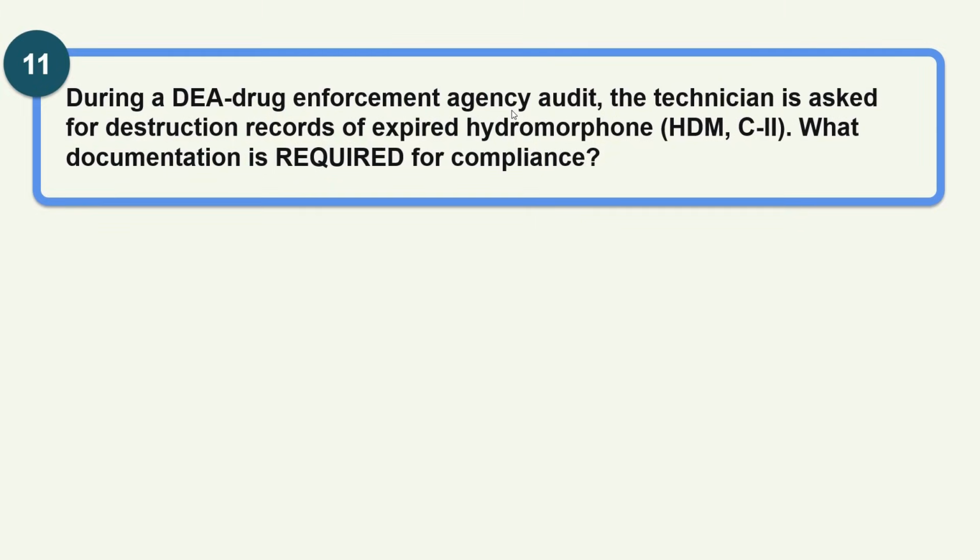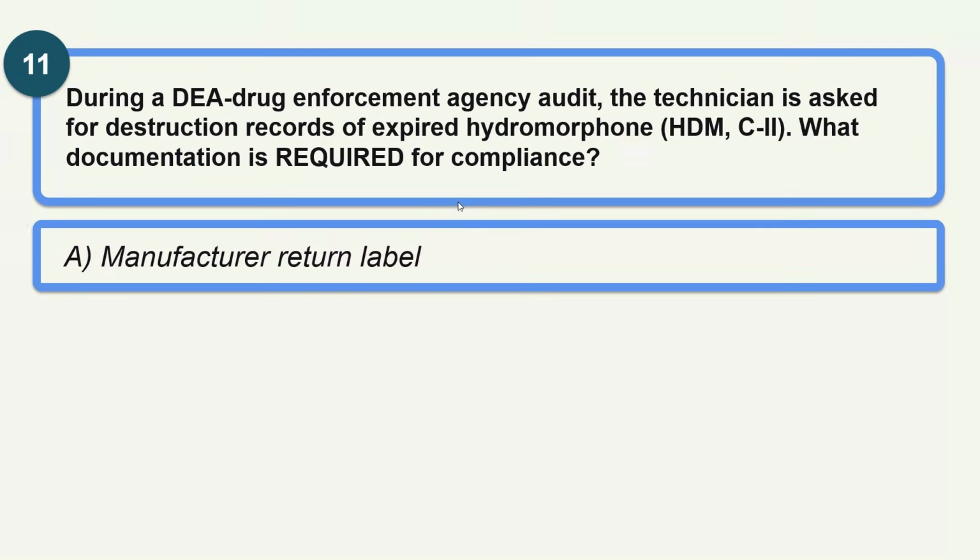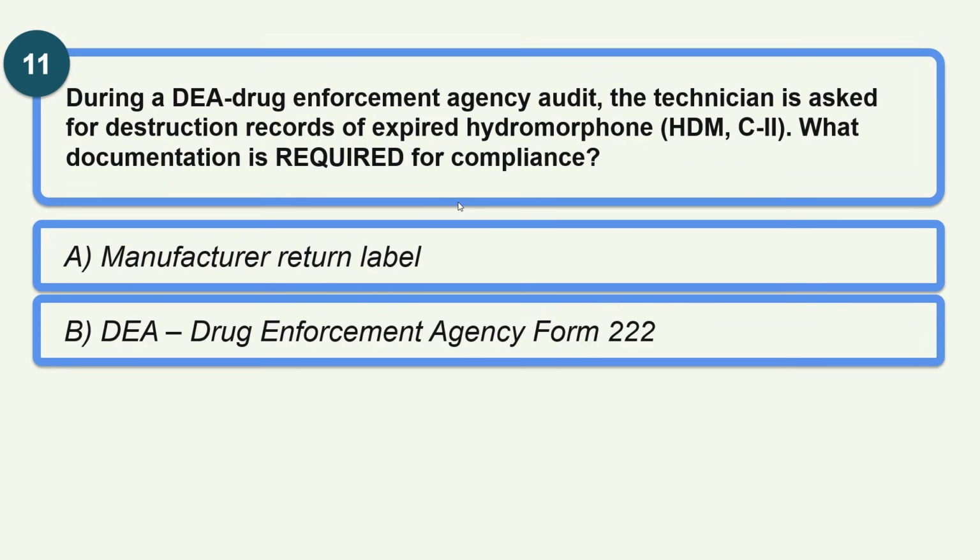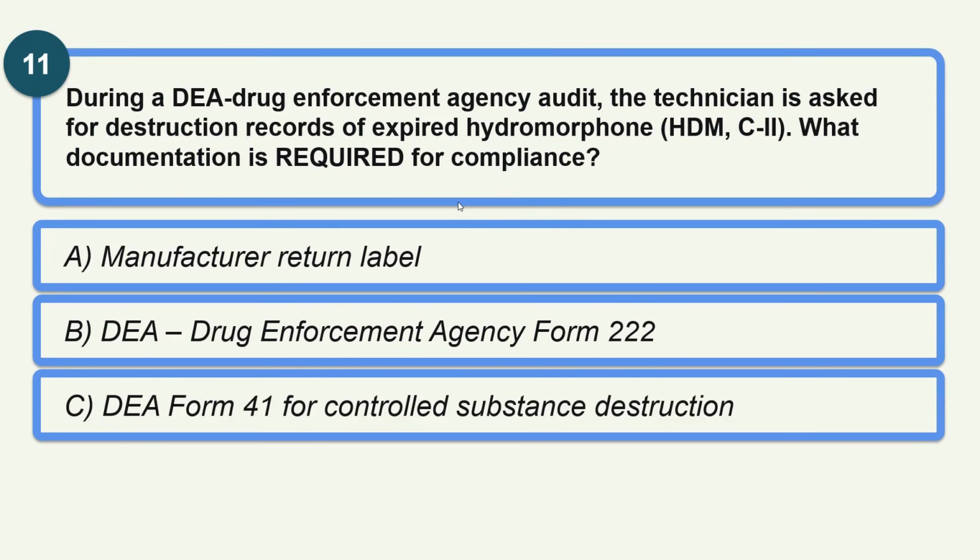During a DEA, Drug Enforcement Agency, audit, the technician is asked for the destruction record for expired hydromorphone. What documentation is required for compliance? A. Manufacturer written labels. B. Drug Enforcement Agency Form 222.